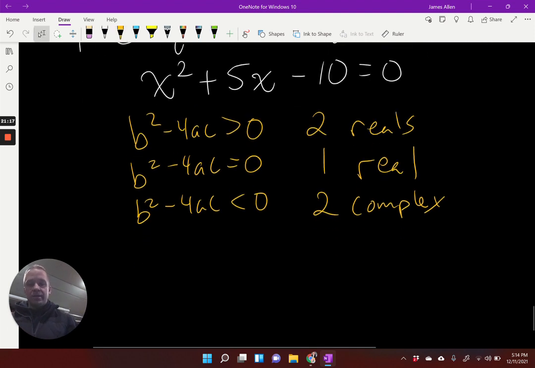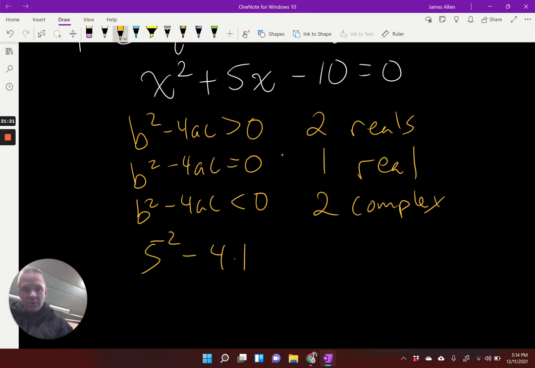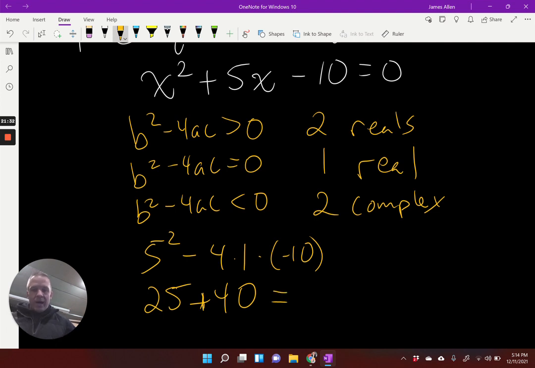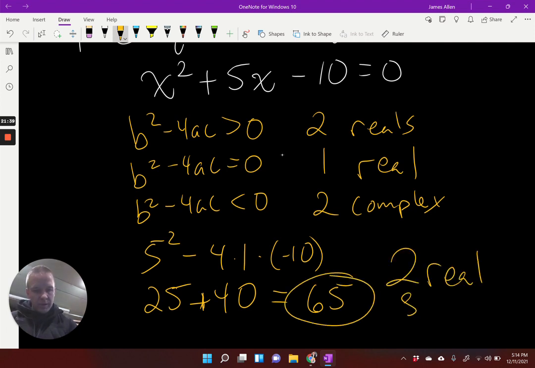Okay, so let's go ahead and calculate this. b squared would be 5 squared minus 4 times a, which is 1, times negative 10. So I'm going to have 25, and it looks like we're going to have plus 40. So without even finishing this out, I know it's positive, right? So it's going to be 2 reals, but my discriminant is 65, so 2 real solutions.